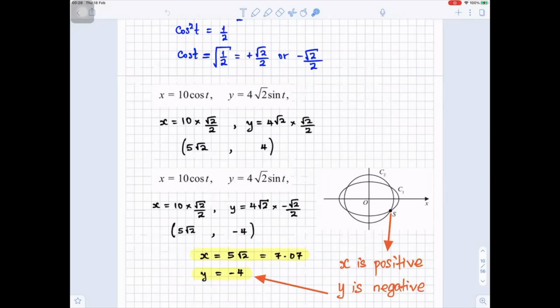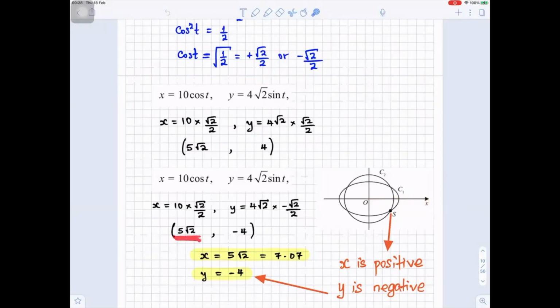Because x is positive and y is negative, it is inside the fourth quadrant, because you go positive for x and negative for y. So which one will be in the fourth quadrant?